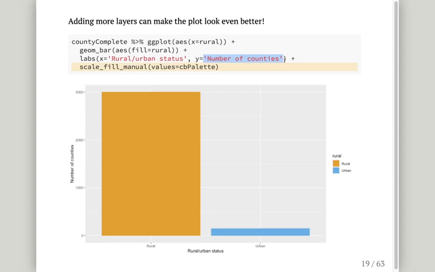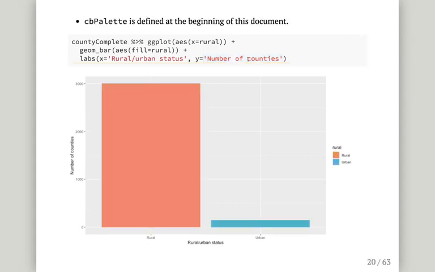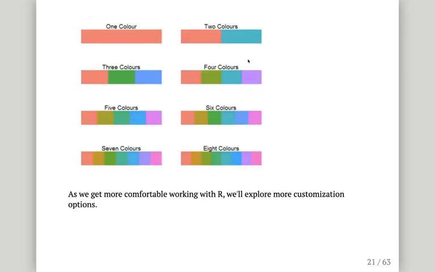And again, I've set this to be a color palette that I found appears a little better on the projector, the CB palette. If you take this off, you'll get the default color palette, which if you like coral and teal, awesome. If you don't really like coral and teal, you can mix this up. The default color palette in ggplot changes depending on the number of colors that you have.